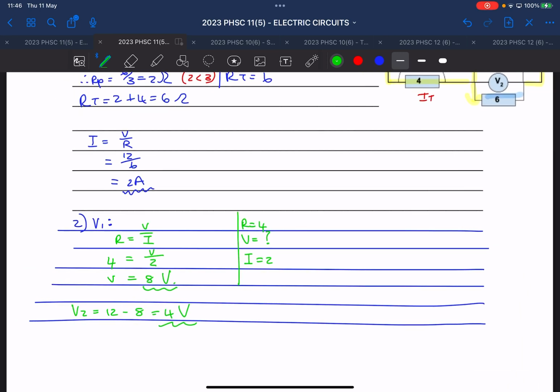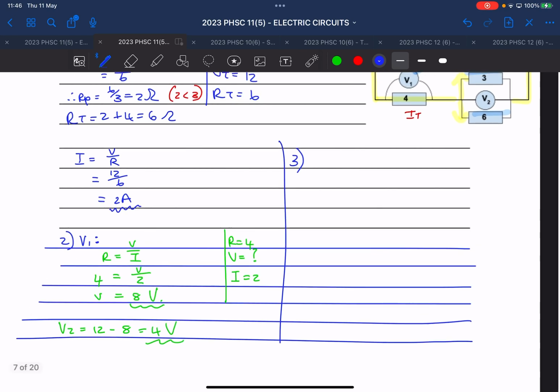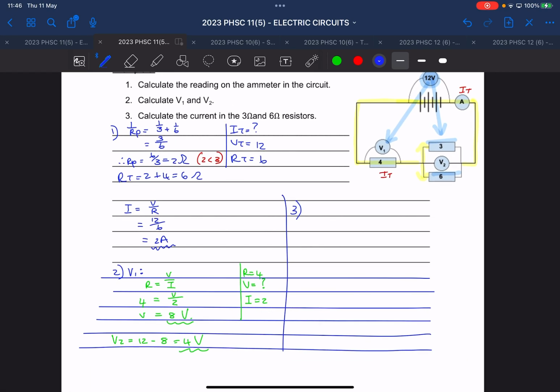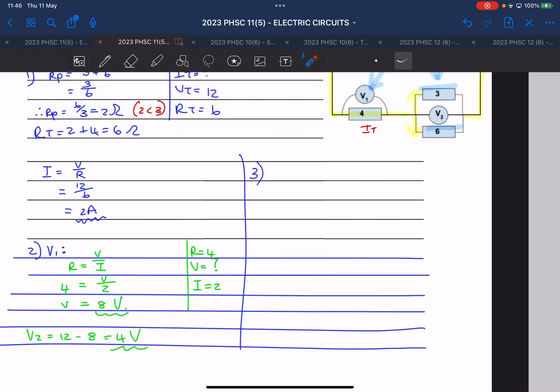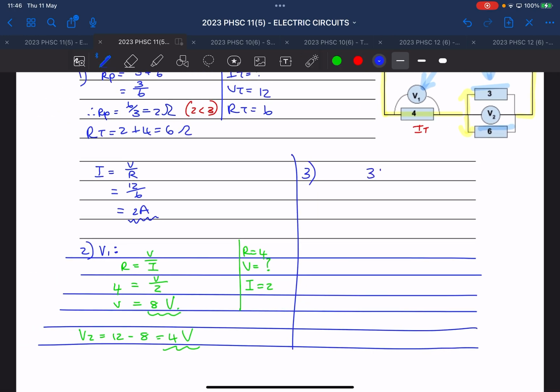Then I'm going to go on here, but you can go on the bottom if you want to. Then they ask, calculate the current in the 6 and the 3 ohm resistors. Now, because there are 2 resistors in parallel, we can use ratios. So I want to practice using ratios. We have 3 and we have 6.